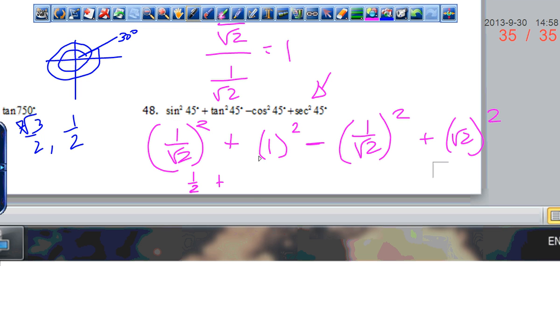Square the bottom, square the top. 1 squared, really difficult problem there. 1. This guy, 1/2. And then lastly, square root and the square go away. Substitute. So it turns into a first grade fraction problem. Possibly 3.